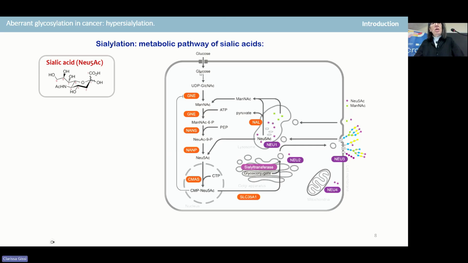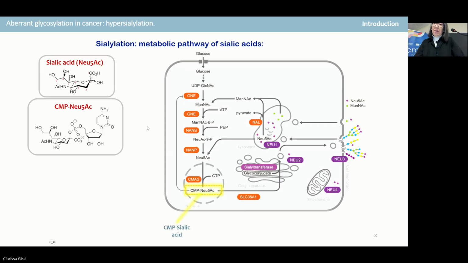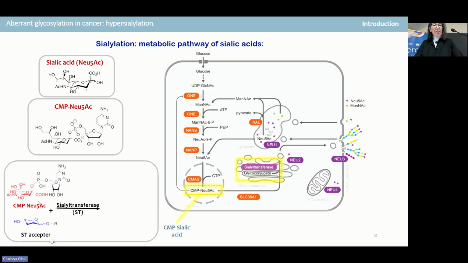Sialic acid is formed by interconversion of different monosaccharides, starting from glucose. Here we have sialic acid, and then it has to be activated as CMP-sialic acid in order to be transferred to the glycans. After this activation, sialyltransferases located in the Golgi apparatus in the secretory pathway are the enzymes that transfer this activated sialic acid to an acceptor.